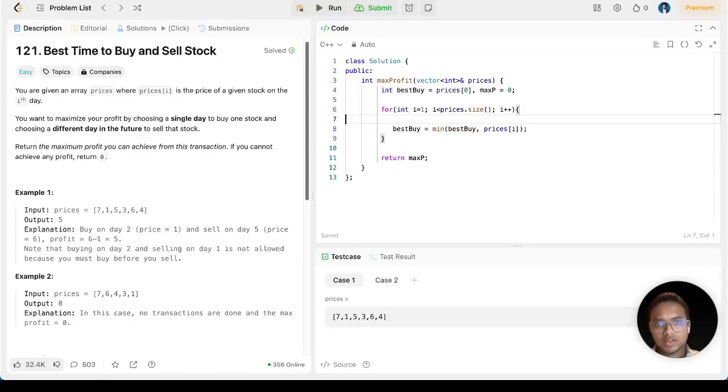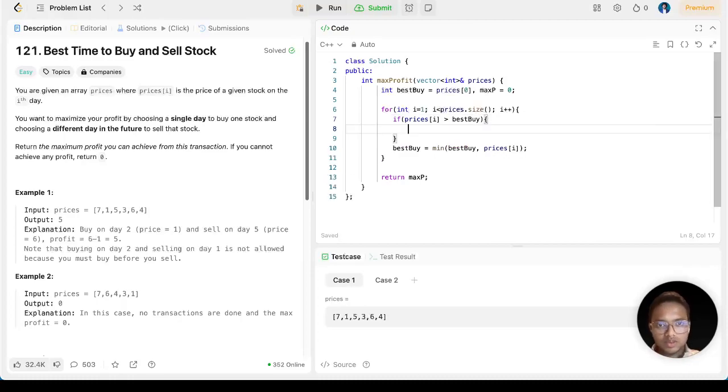But before updating our best buy, we have to check if prices[i] is greater than our best buy. If prices[i] is greater than your best buy, you have to find your current profit.